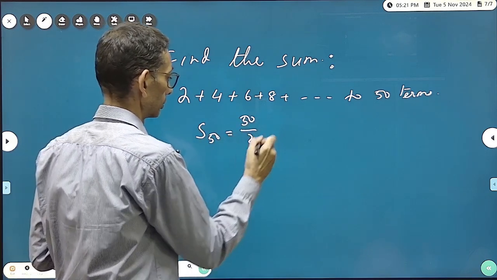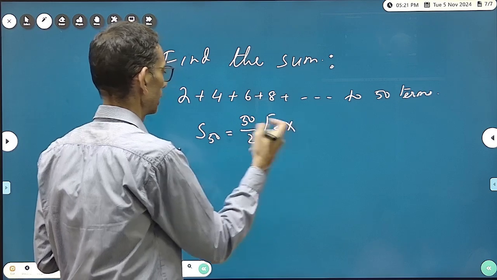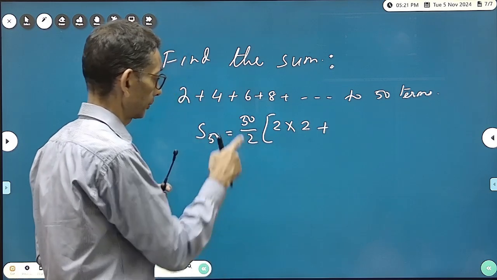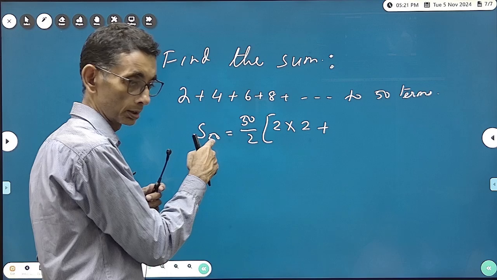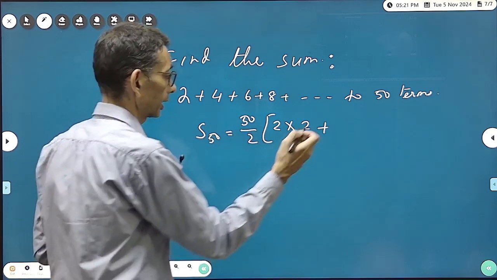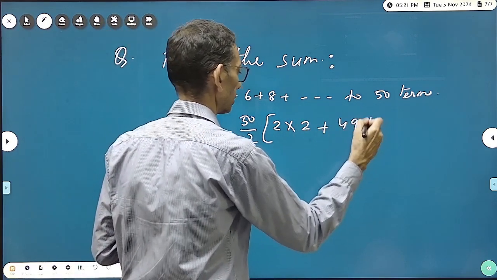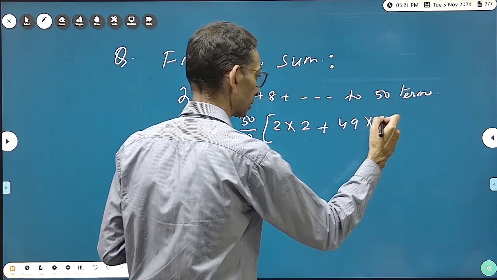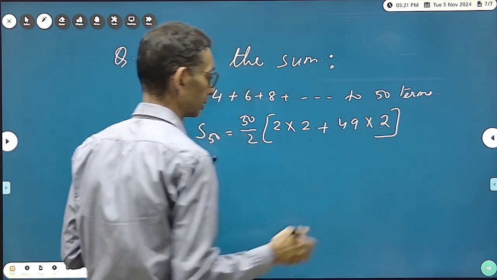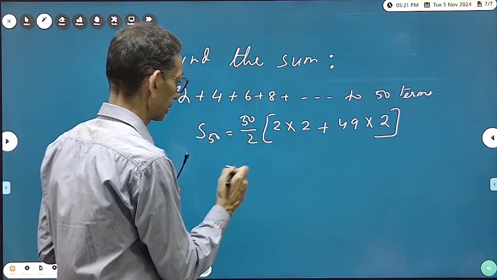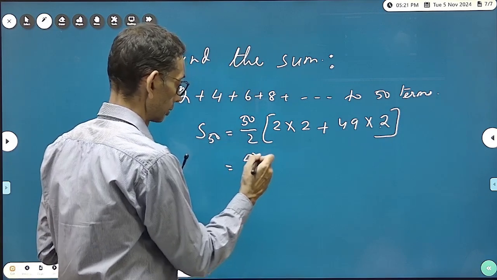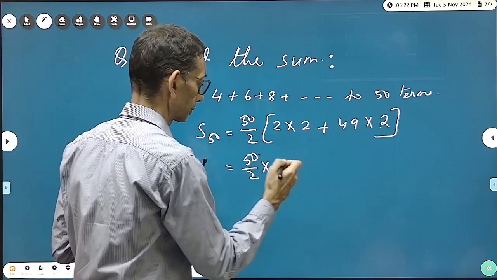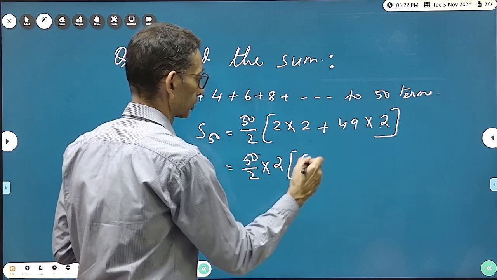S50 is 50 by 2 into 2a, a is 2, plus n minus 1, n is 50, so 50 minus 1 is 49, into d, n minus 1 into d, d is 2. Done. So 50 by 2 is 25. The 2 here and here you can take out, so 2 plus 49.